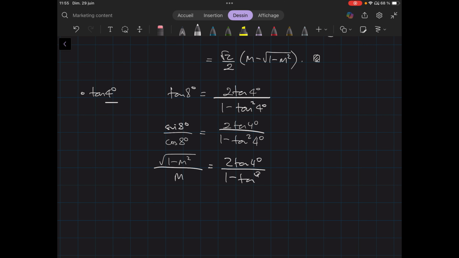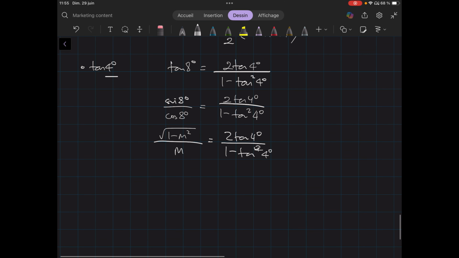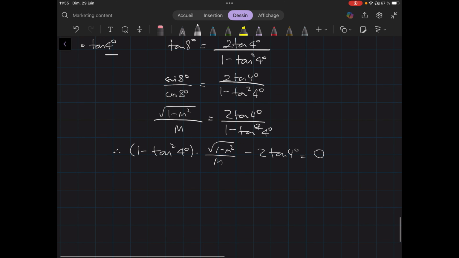And now we have a quadratic equation in terms of tan of 4 degrees. Multiplying everything by -1 because I hate dealing with negatives.